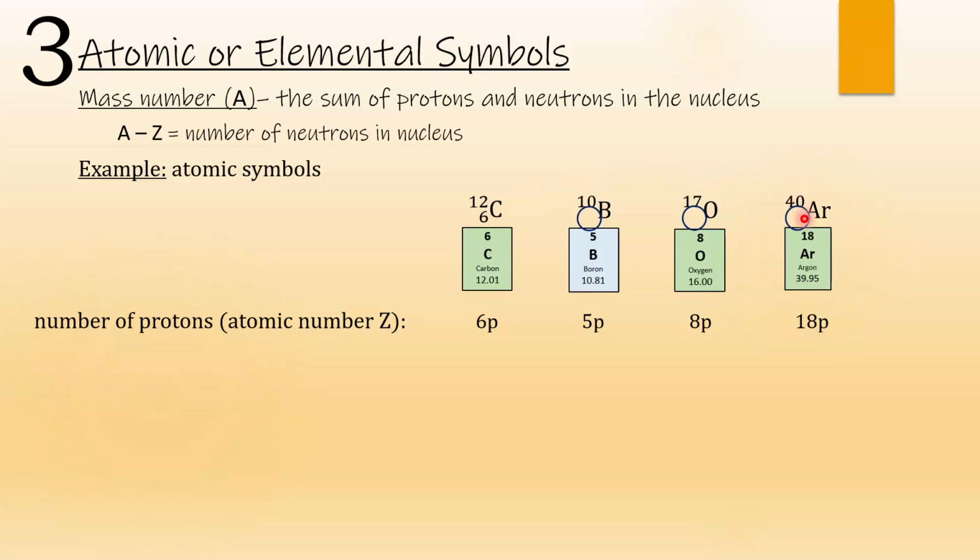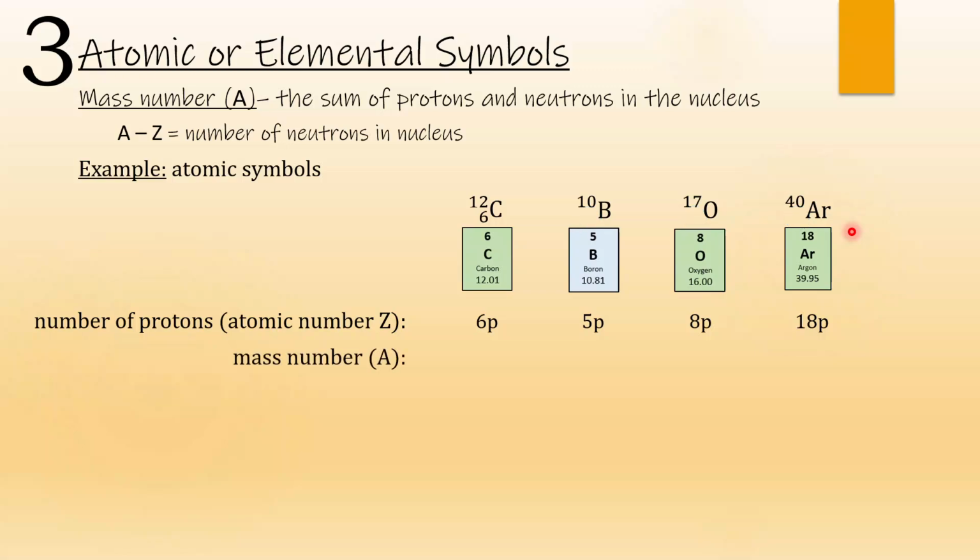It's actually redundant to write the atomic number here, simply because if you tell me we're talking about argon, from a periodic table, I can immediately get how many protons are at the nucleus. So it's kind of redundant to tell me that we're working with the element argon and then also give me the number of protons, because I can get the number of protons directly from the atomic number on the periodic table.